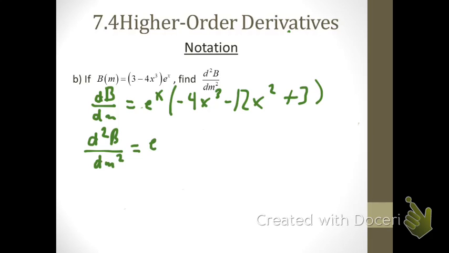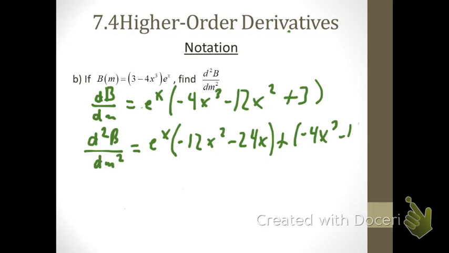The first function times the derivative of the second, which is -12x squared minus 24x, plus the second function times the derivative of the first function, which is just e to the x. Hoping you guys can see that stuff over there.